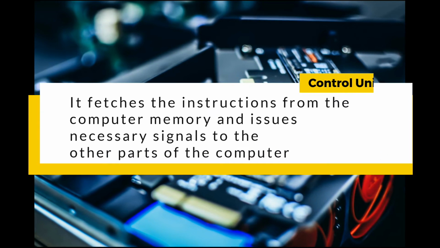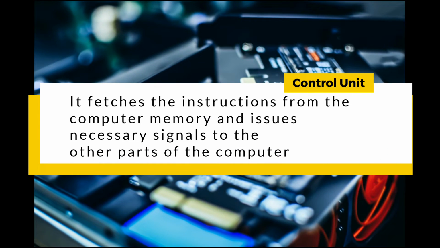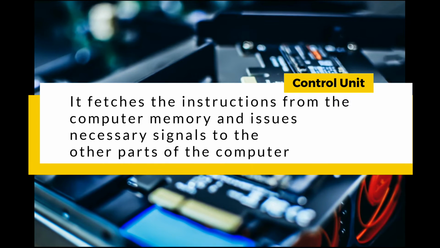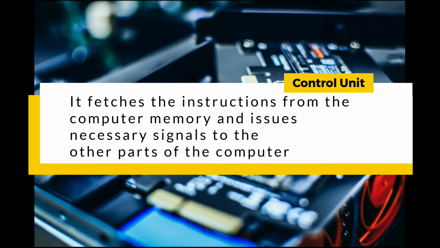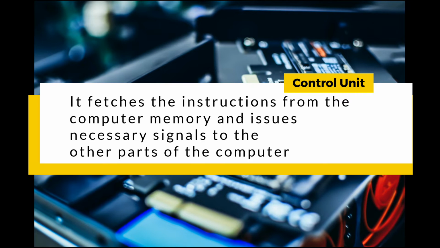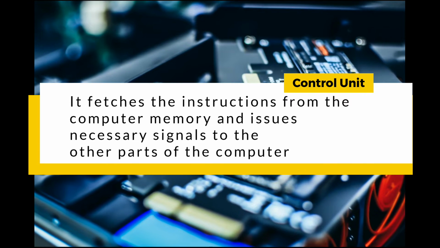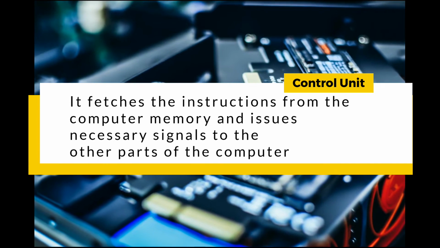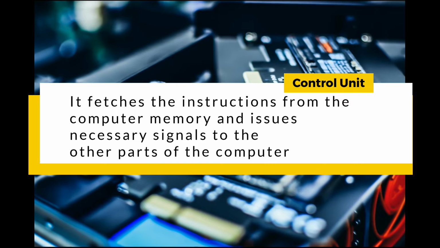The second type of central processing unit is the control unit. It fetches the instructions from the computer memory and issues necessary signals to the other parts of the computer.